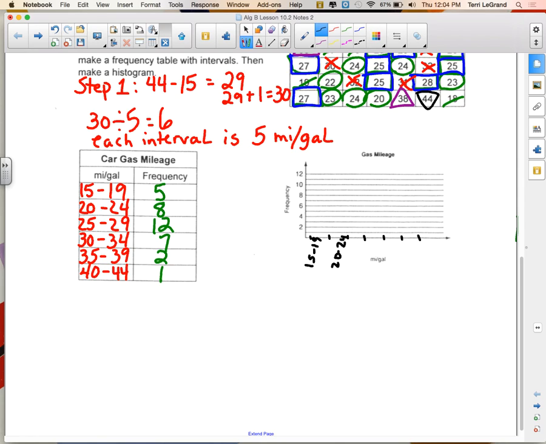And then the next thing you would do is make those bars the height of the frequency. So the first one has a frequency of 5. So at the 2 tick marks surrounding 15 to 19, we're going to draw vertical line segments up to the 5 on the horizontal.